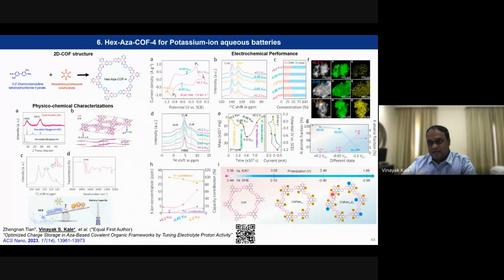And the systematic investigation we did, and we simulated the structures and we demonstrated the charge storage mechanism in detail. Here we also answered one very important problem, that we suppressed this HER, that is the unwanted HER reaction, by tuning the electrolyte or the electrolyte composition. If one is interested, you can see this report we published in ACS Nano in 2023.